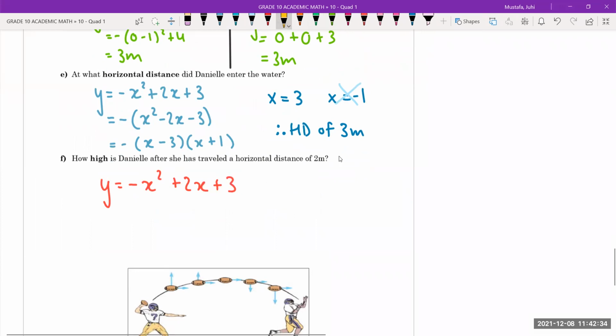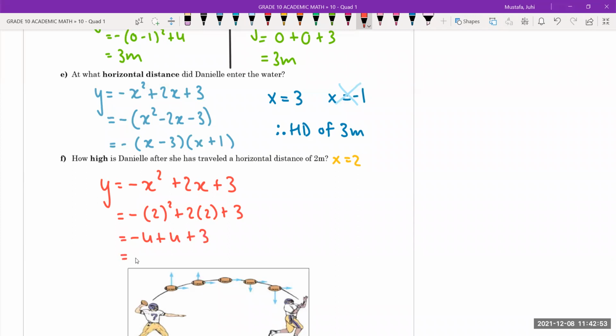In this question, we're going to let x equal 2 meters. So the question is saying when she's traveled 2 meters across, how high is she? What's her y? So it's going to be negative 2 squared plus 2 times 2 plus 3, negative 4 plus 4 plus 3. And so I end up getting 3 meters.